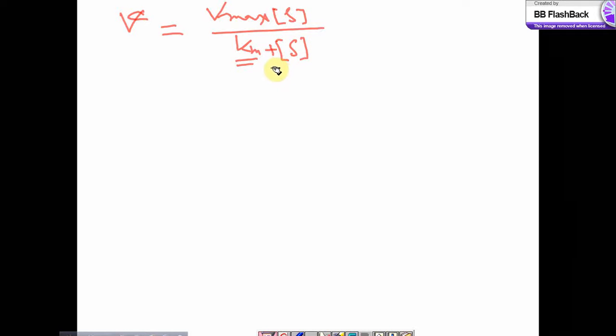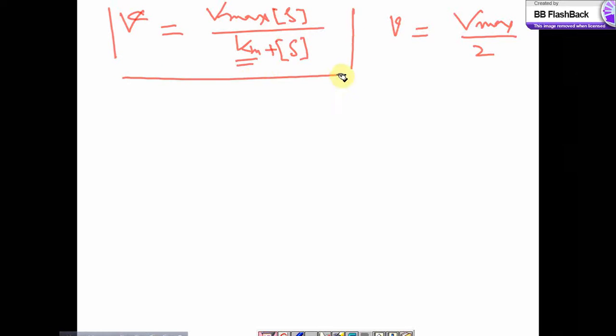It clearly states that if the substrate concentration is equal to Km, then small v is equal to Vmax by 2. So we will be discussing three conditions, and what happens to this equation and what we can predict from it.